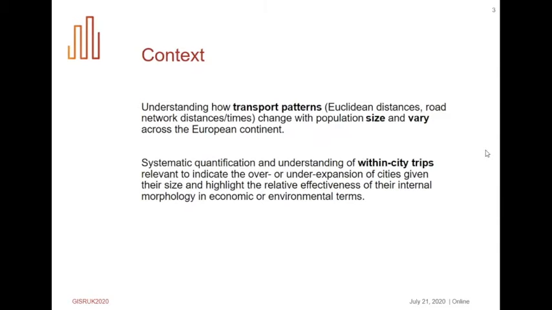And this quantification is relevant to indicate the over or the under expansion of cities given their size. And also, so far published comparative studies on urban sprawl in Europe are highly dependent on the indicators used to characterize urban forms. And here it's a standardized method to study cities.